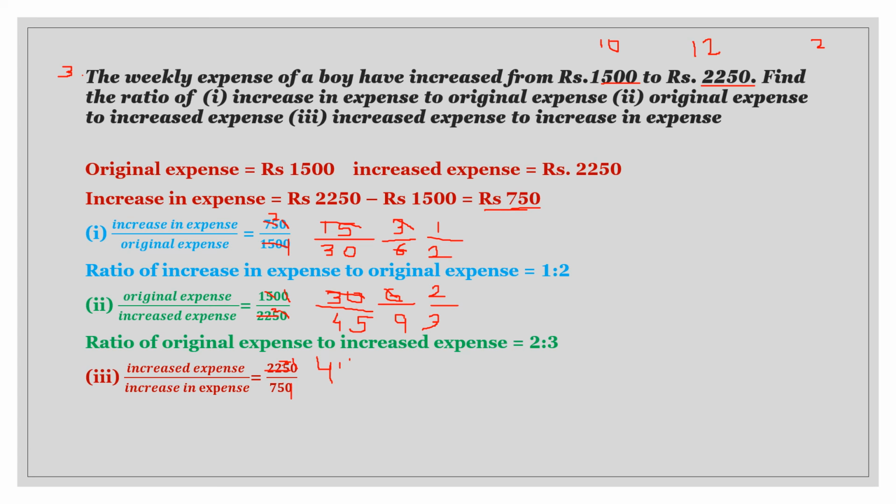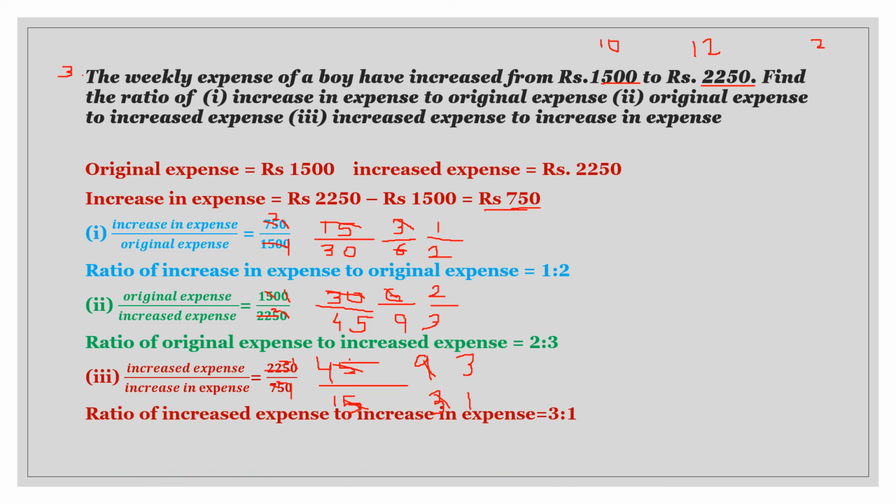Then 5 ones are 5, and this will again become 25 here. So 5 fives are 25. Then 5 nines are 45, 5 threes are 15. Then 3 ones are 3, 3 threes are 9. So 3 is to 1. So the ratio of increased expense to increase in expense is 3 is to 1.